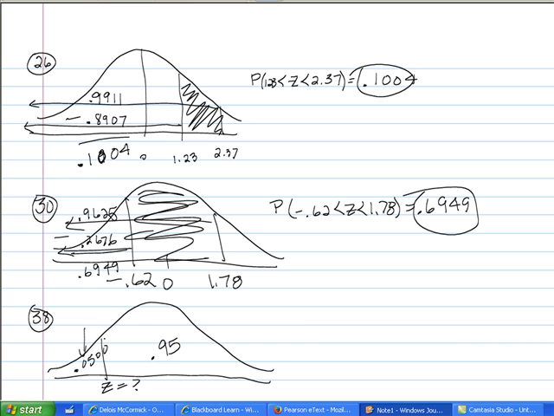Okay, and then in 42, what we want is to find the critical z sub 0.01.